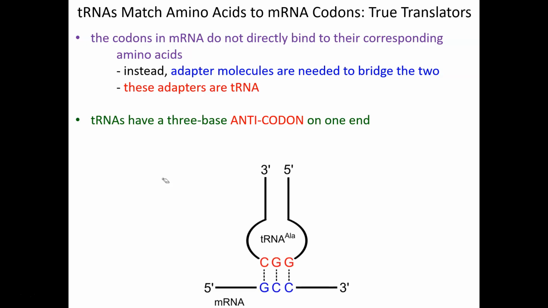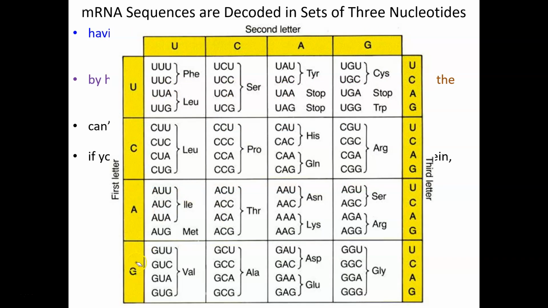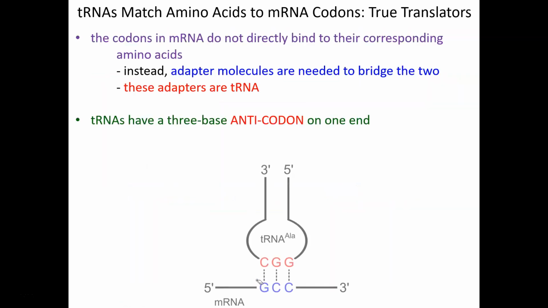So here we see the codon is GCC, and GCC encodes alanine. If you don't believe me, we'll just go back. Here's GCC, it encodes alanine. So here's the GCC codon at the RNA level. And a transfer RNA is base pairing with that.